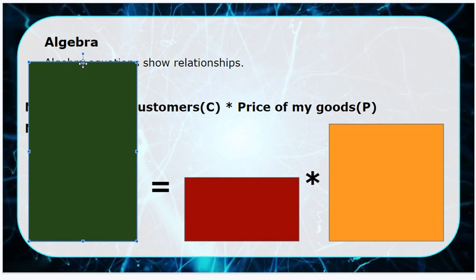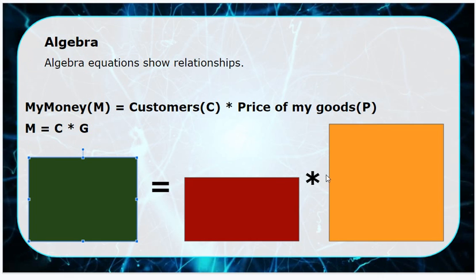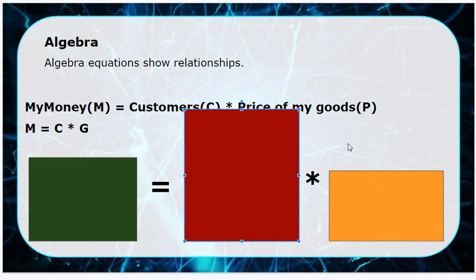And so what this multiplication sign means is that there's a relationship between these two things, the customers and the price of these goods. And it means that they build each other up. If this gets bigger, then that affects this, and everything gets bigger.